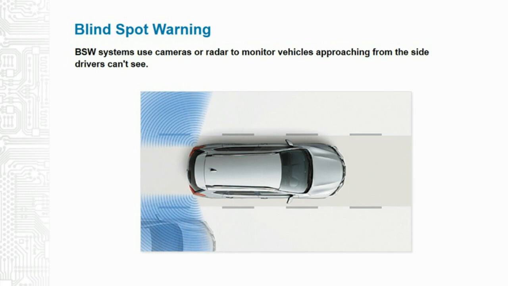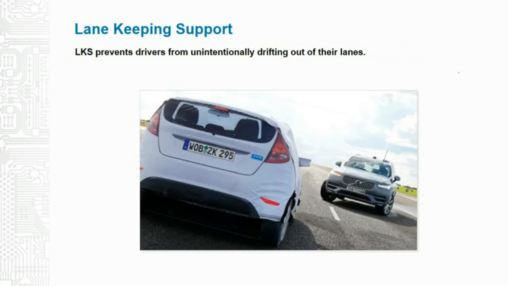Okay, lane keeping support. I was just talking a little bit about changing lanes. And this particular system, the lane departure warning, uses a camera, monitors lane markings, and detects when a vehicle is drifting out of its lane of traffic. Again, the system detects the vehicle veering out of its lane without the turn signal turned on.